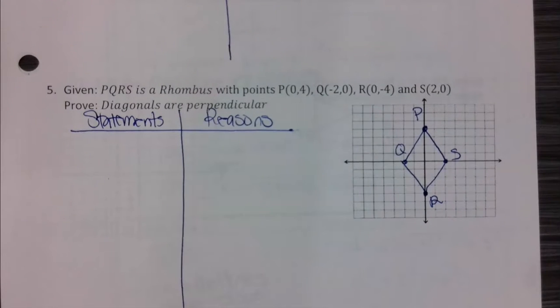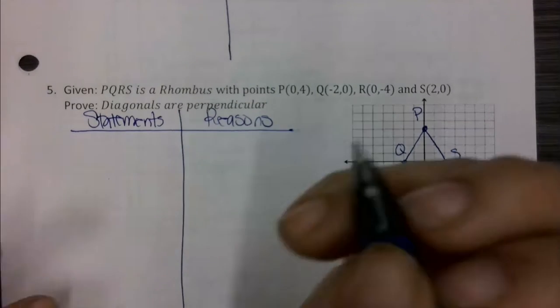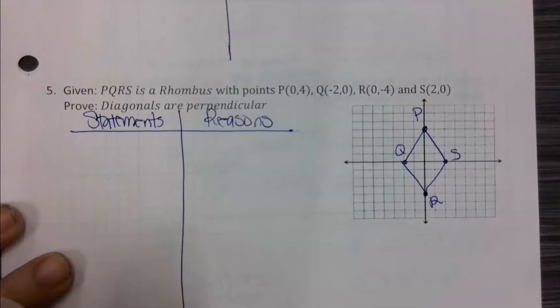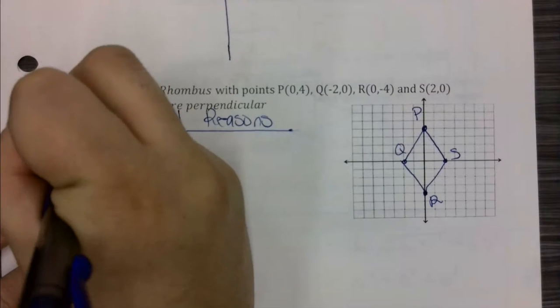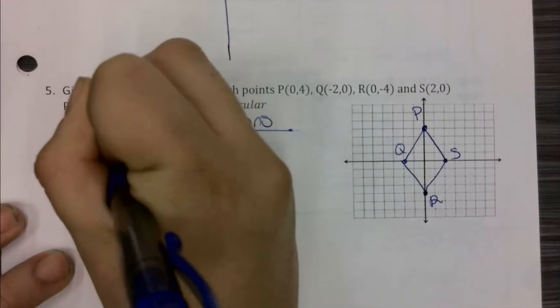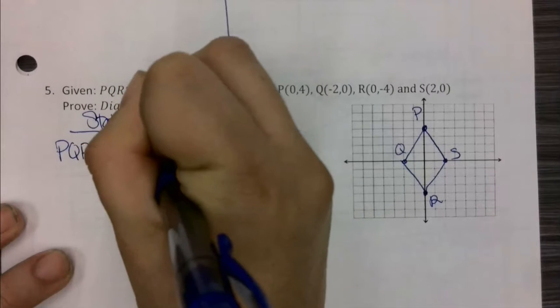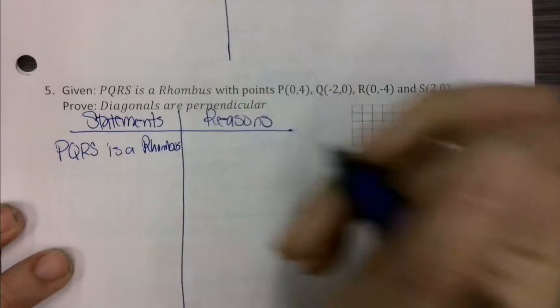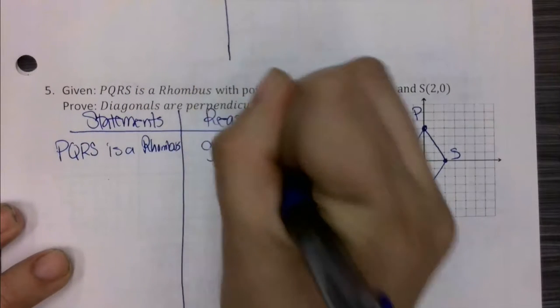Okay, what do I want to start off with? So I have PQRS as a rhombus, and that was given to me.